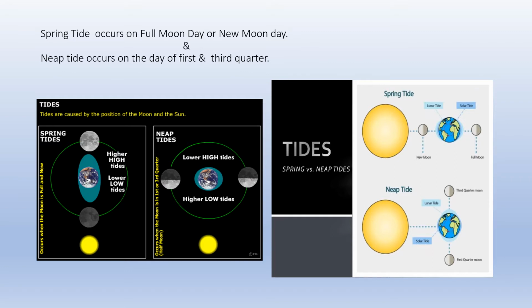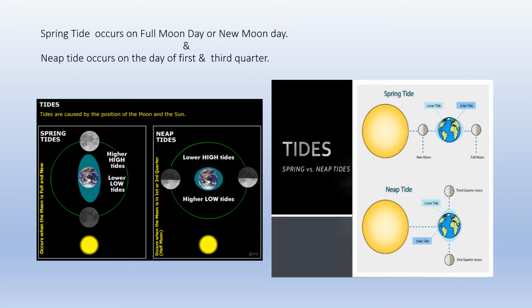What happens for the neap tide? In the case of neap tide, the moon, earth and the sun are at a right angle. It is just like a tug of war. The water is pulled by both the sun and the moon, and therefore the water level doesn't rise as high.